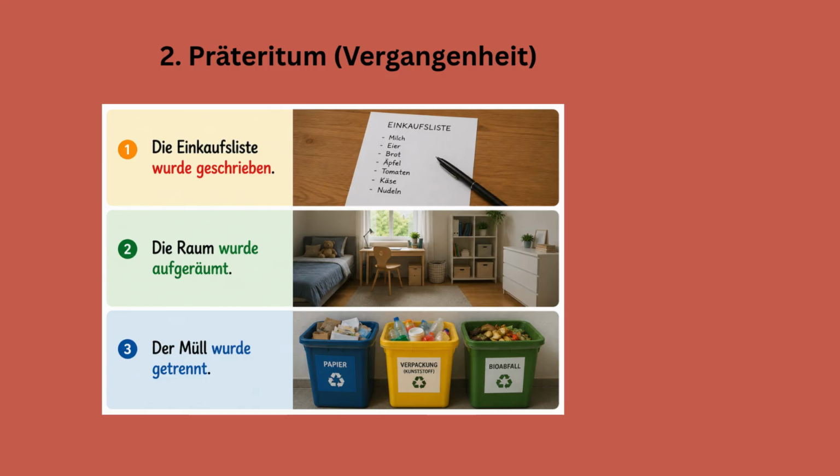Now we can look at the Präteritum, which means past tense. How can we explain it? Sometimes we say something in the past, like yesterday, the day before yesterday, one day ago, or one month ago. In that situation, we can use it.